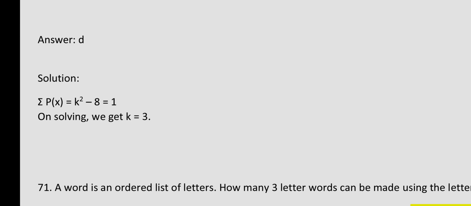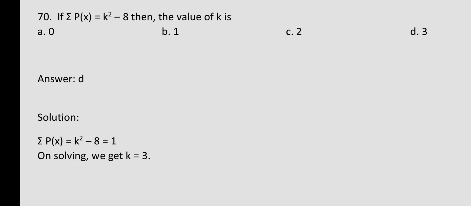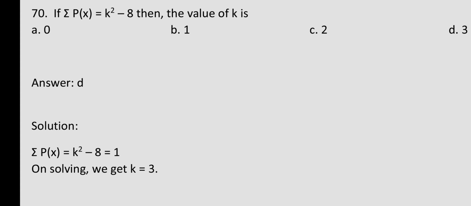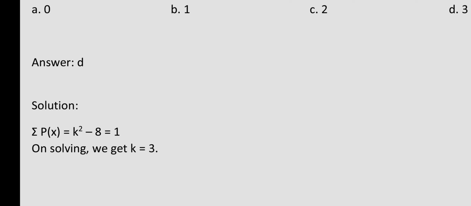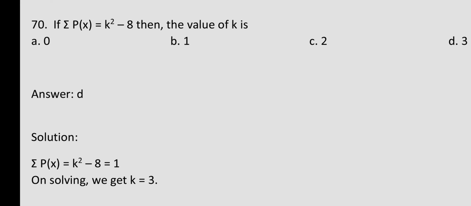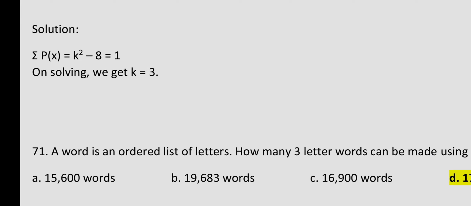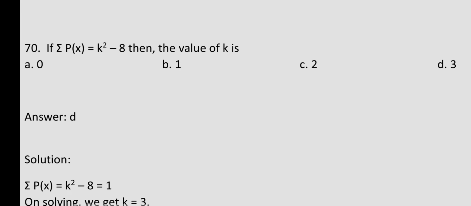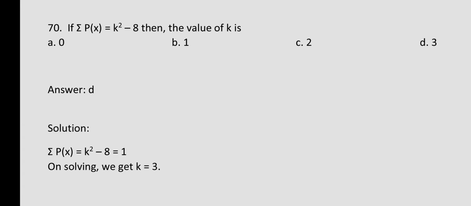Pero solution yan, syempre, sigma of p of x equals k squared minus 8 is equal to 1. Tapos, shift solve mo, we get k is equal to 3. Buksan mo yung tanong na yan. Sagot dyan ay letter D.